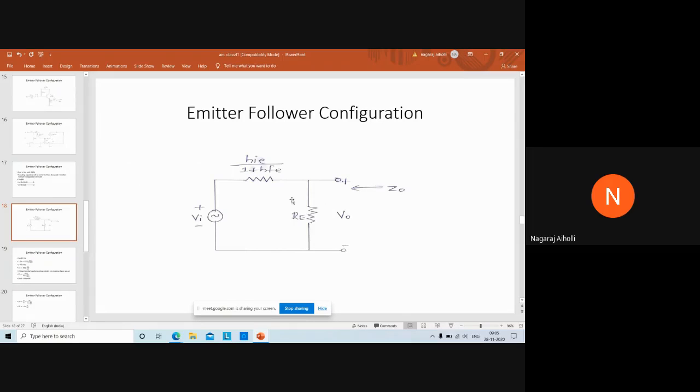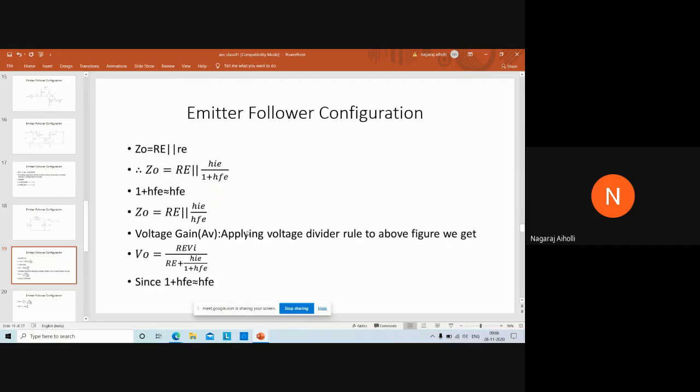What is the voltage divider rule here? We are applying the voltage divider rule to the output terminals, V0. Therefore, output voltage V0 is equal to the main voltage, VI, into the resistance of the same branch, that is RE, divided by the sum of the resistances, that is capital RE plus HIE by 1 plus HFE. That is what is written.